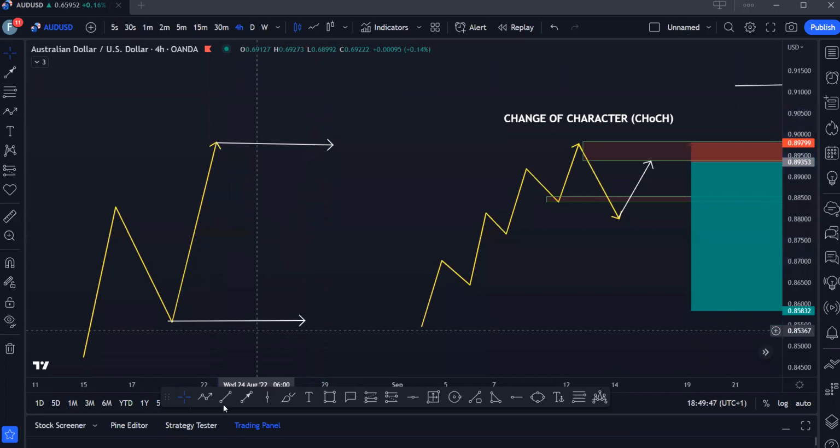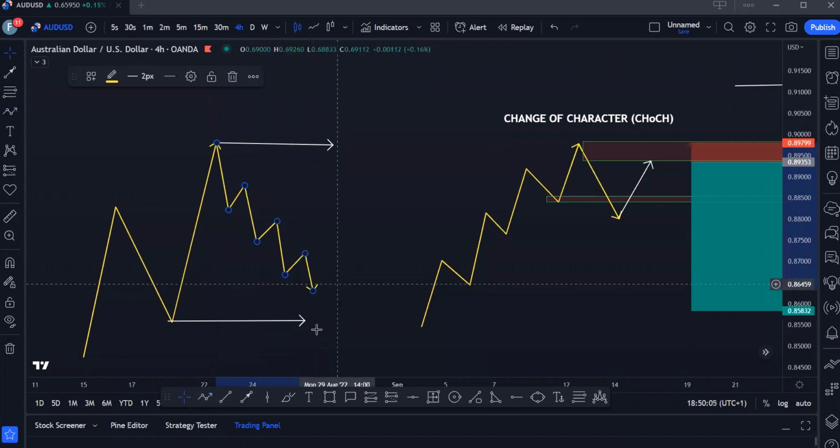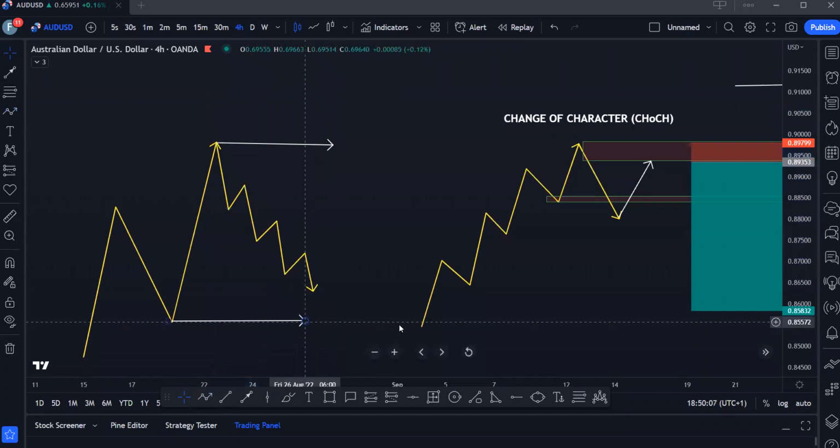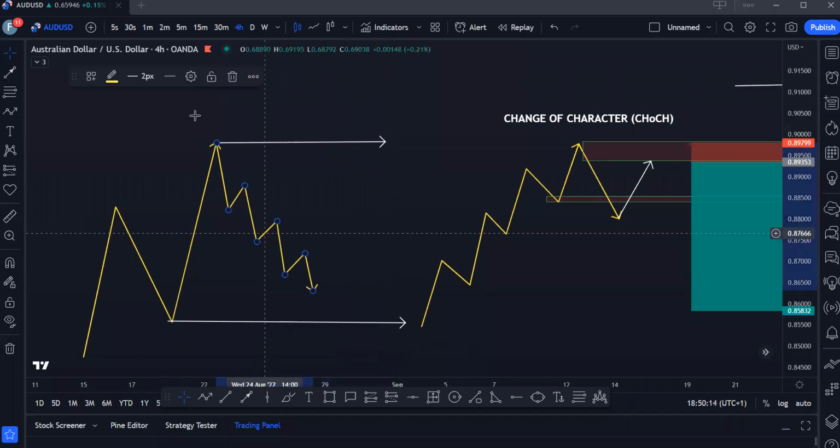When you look at the market fractally, you see that price is like this. So this is minor structure, like so, giving you lower highs and lower lows. How will you know that price is about to reverse? You see a change of character on that minor structure. So let me use a different color for minor structure.